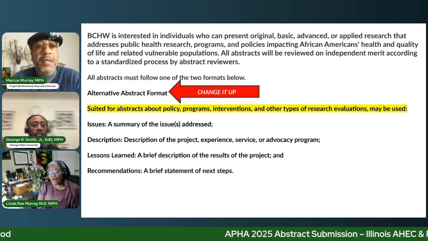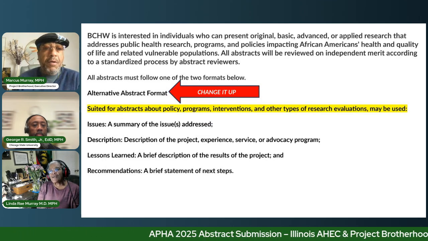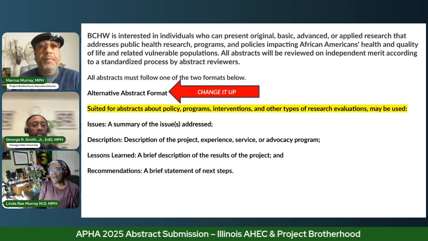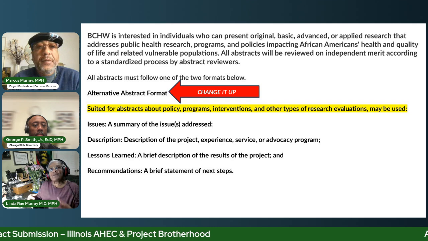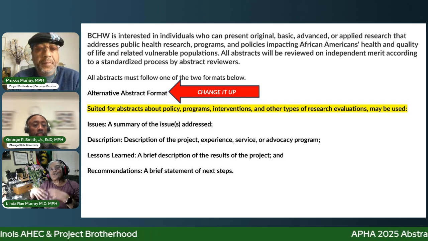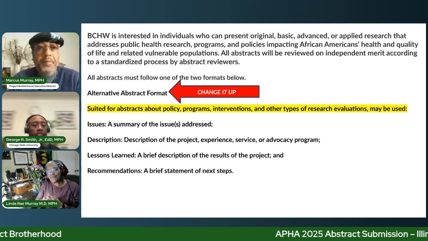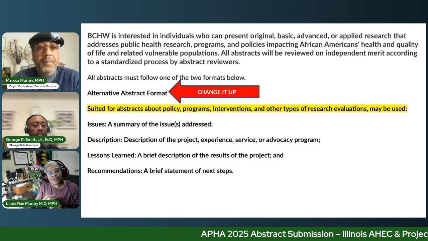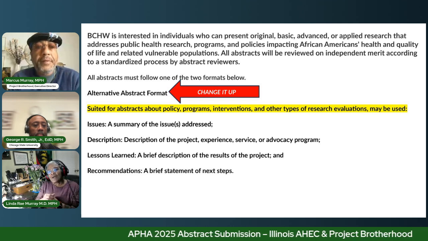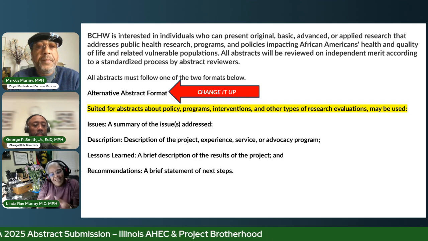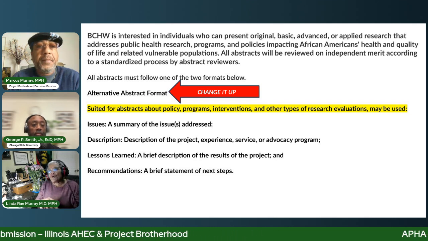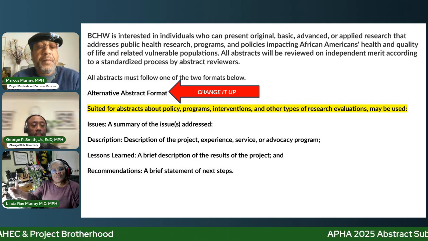But the Black Caucus and most of our caucuses have an alternative format, as they point out here. This is if you're doing a special policy, or maybe you're trying to present a training that you did. I know Project Brotherhood had a citizen scientist program. Those things don't quite fit into that straitjacket format. So this is describing another thing that you want to do.